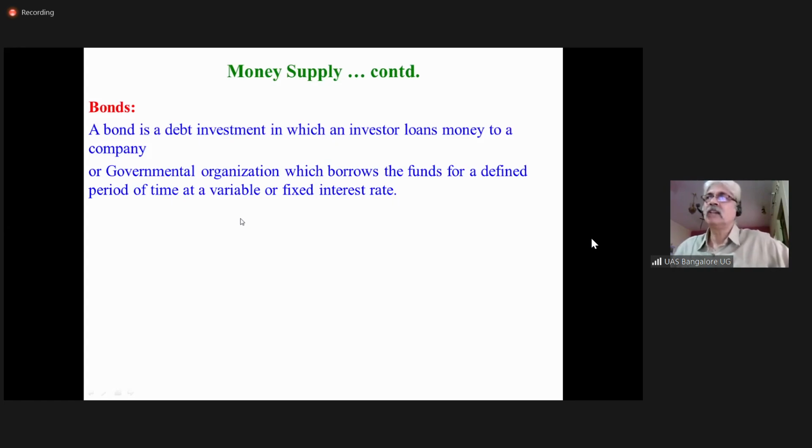To complete the Upper Krishna project, that is construction of dam and canals across Krishna River in North Karnataka, they wanted money, so they sold the bonds. They sold the bonds to raise money, to collect money from the public, to use it to complete the Upper Krishna project. Borrows the funds for a defined period of time at a variable or fixed interest rate.